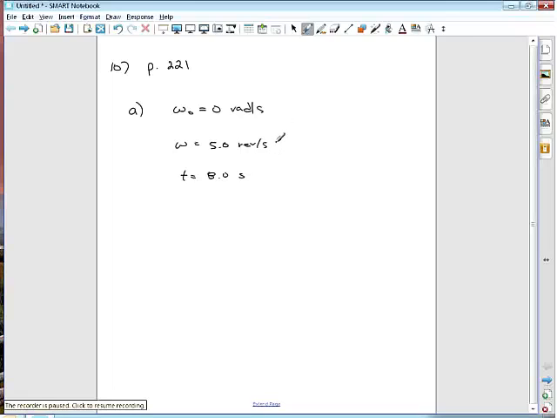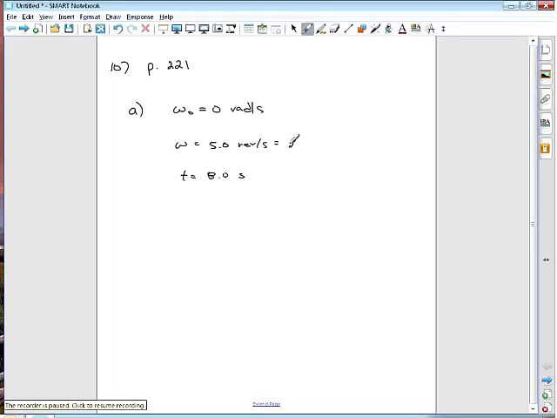Now, before we move on, we have to make these in consistent units, and so we want to change revolutions per second into radians per second. So we don't have to change seconds, we just have to change to radians, and there are 2 pi radians per revolution.